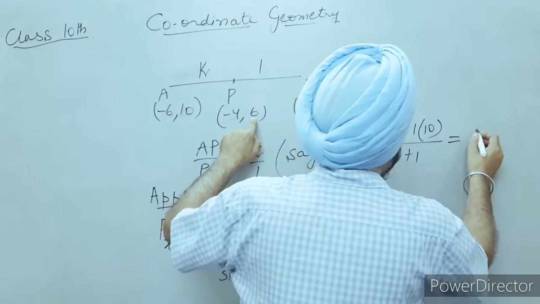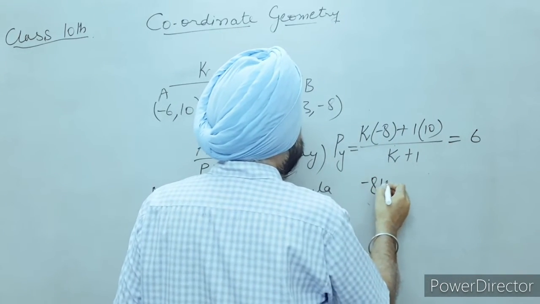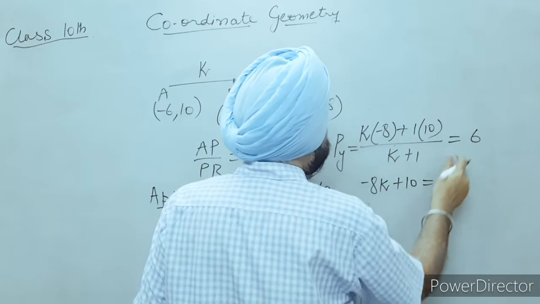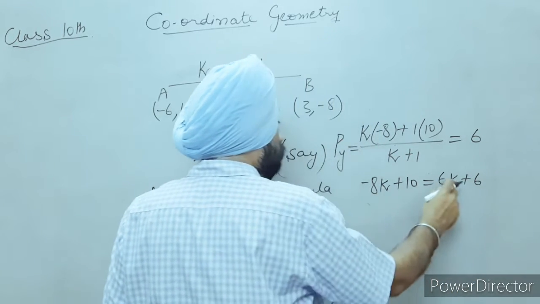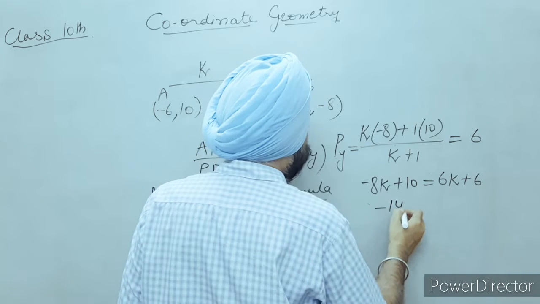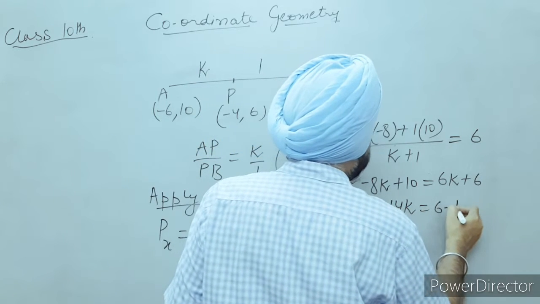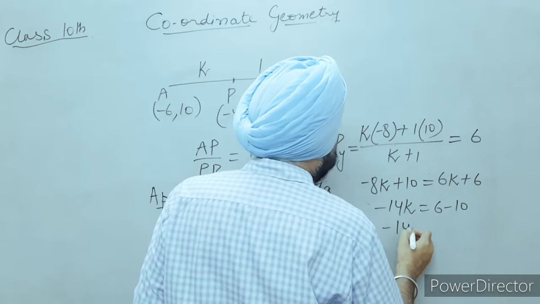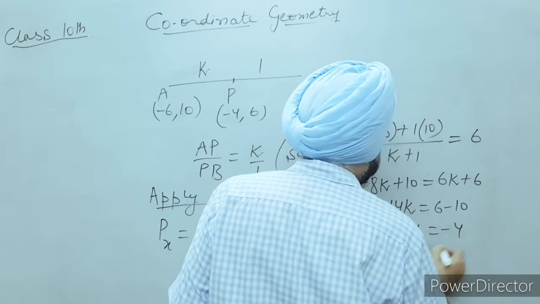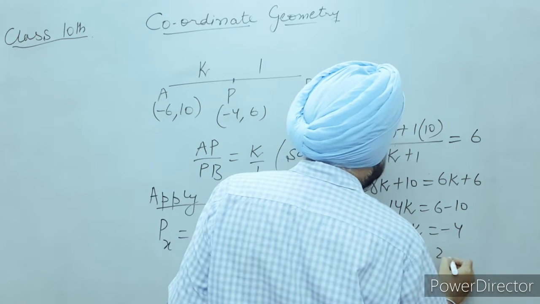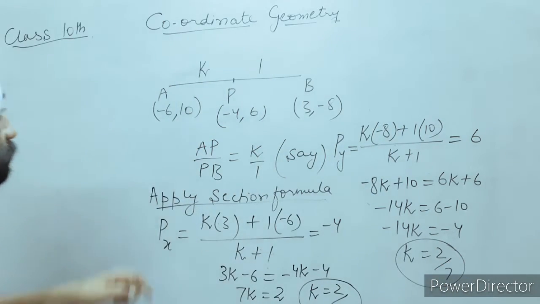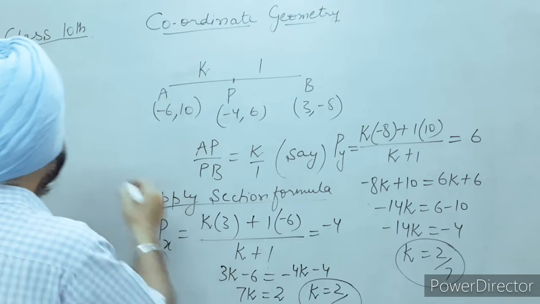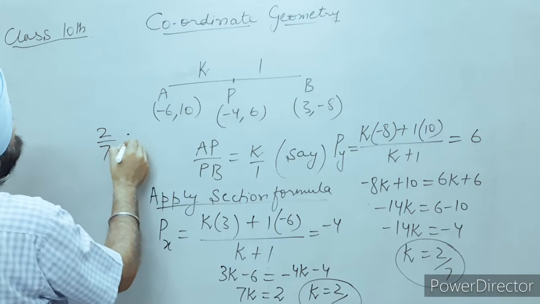So -8k + 10 equals 6k + 6. That is -8k - 6k, which is -14k, equals 6 - 10. That is -14k equals -4. K is again 2 by 7. That means k is 2 by 7, ratio 1.